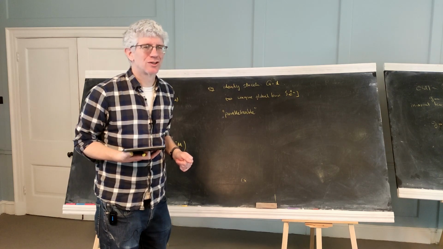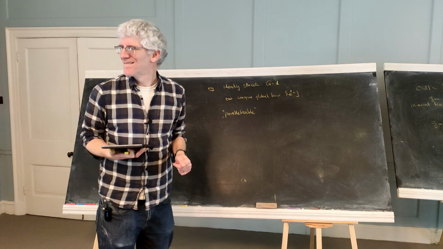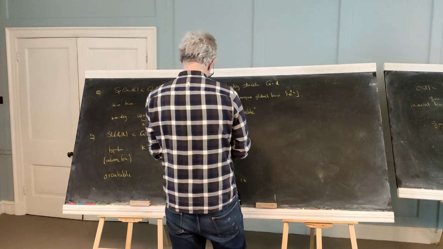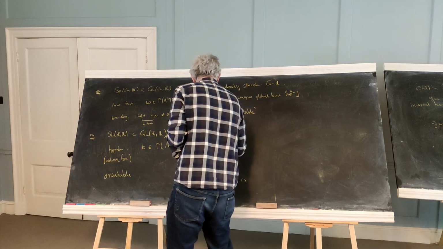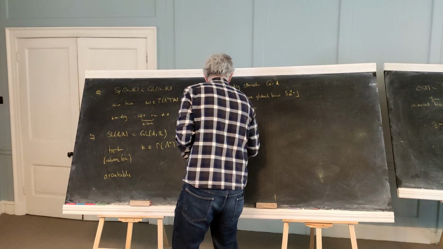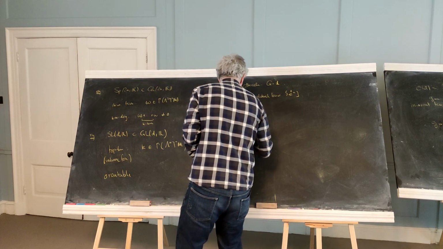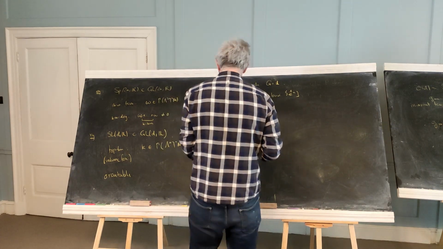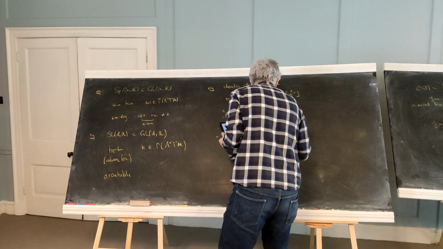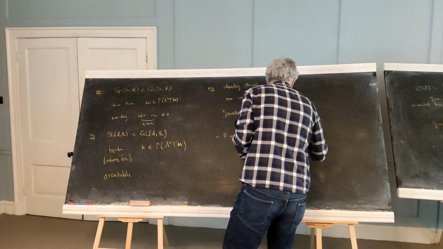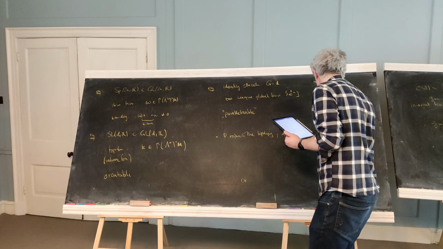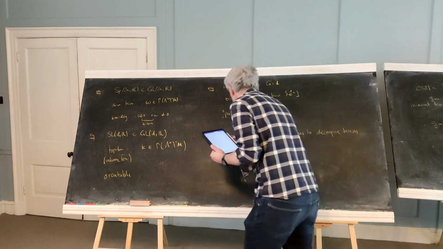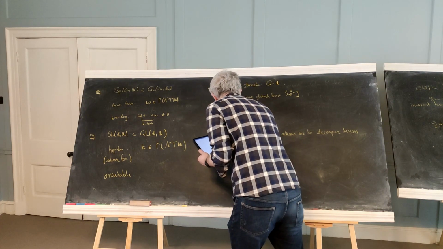Okay. And then, I think I already said this, but a G structure restricts the topology. And it allows us to decompose tensors into G representations.